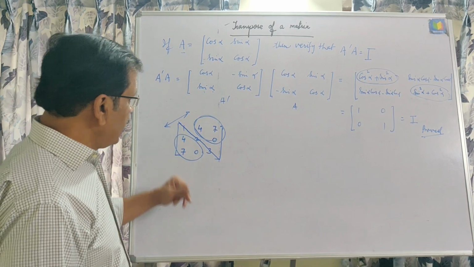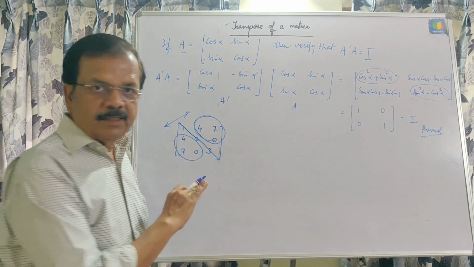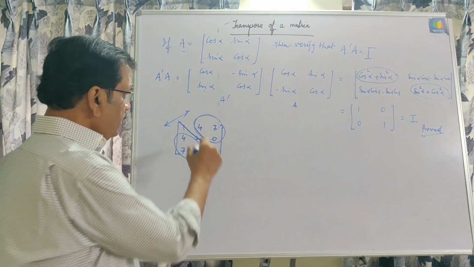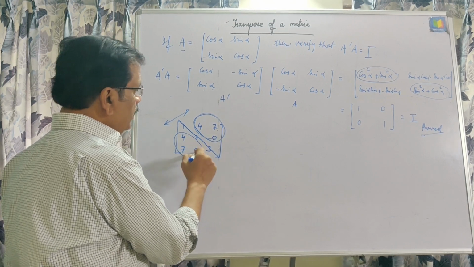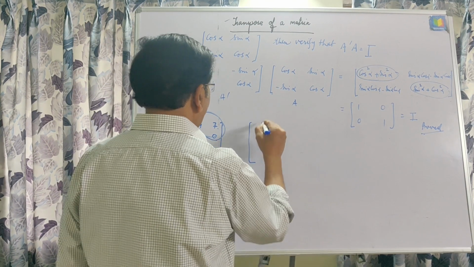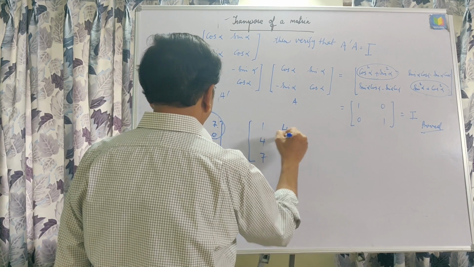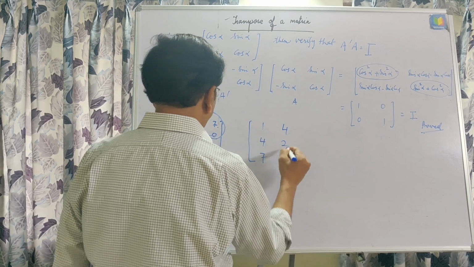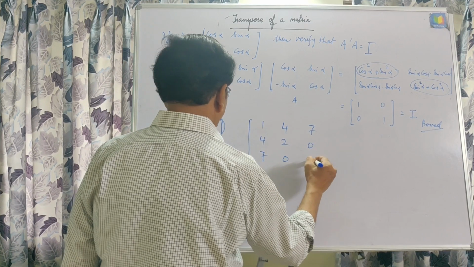We can check this as it is: 1, 2, 3 is the principal diagonal, and this is 4, 7, 0, and here 4, 7, 0. We can write here 1, 4, 7, 4, 2, 0, and 7, 0, 3.